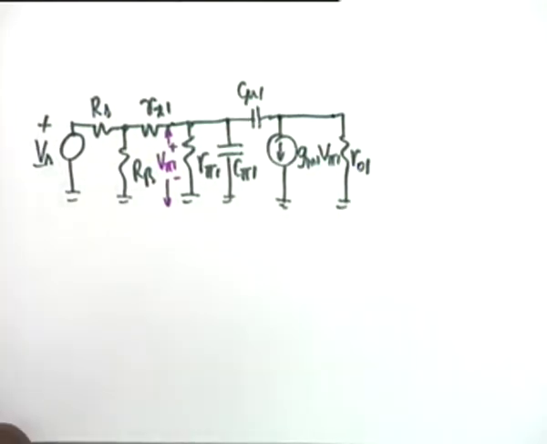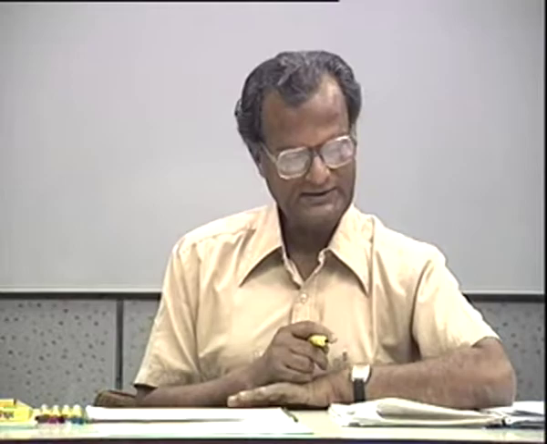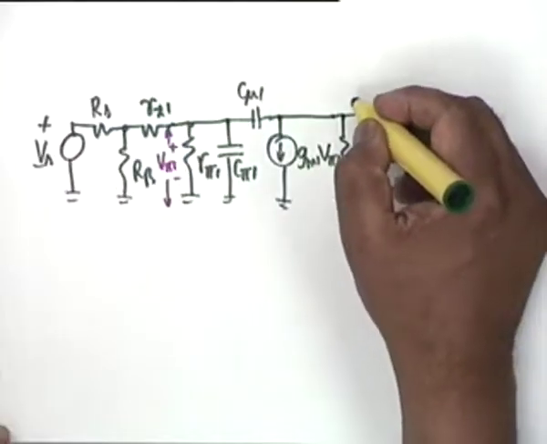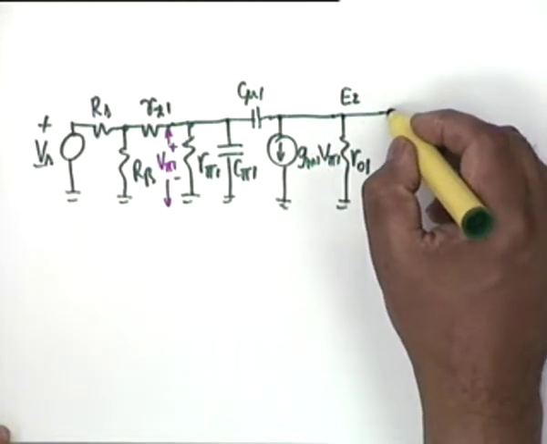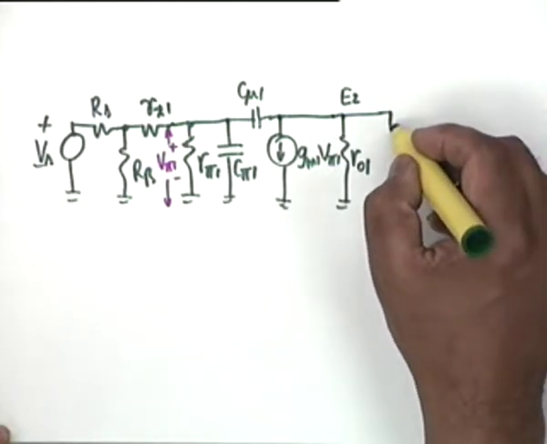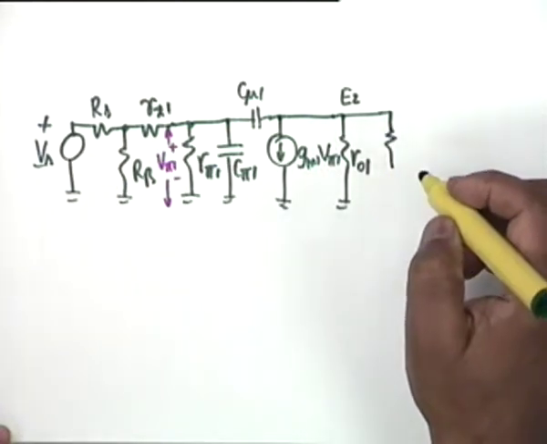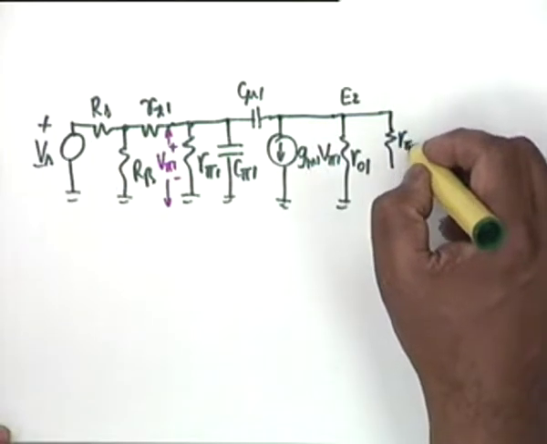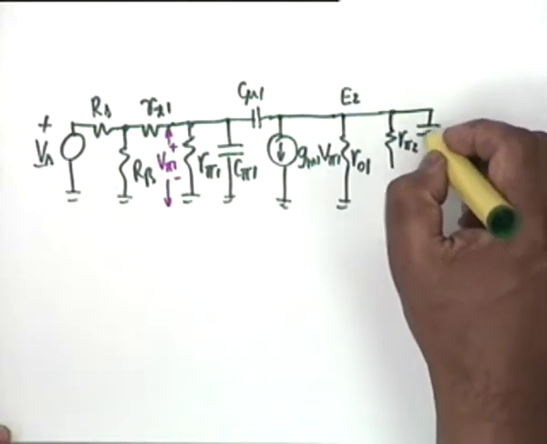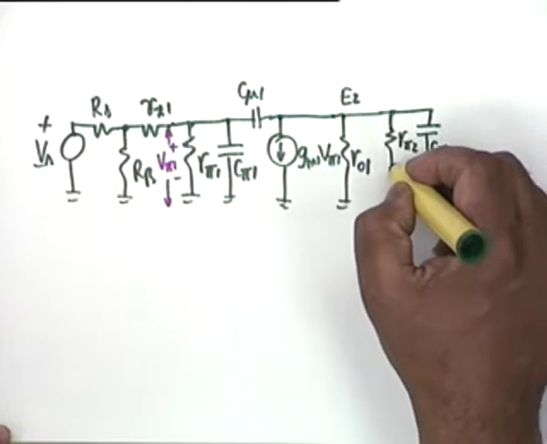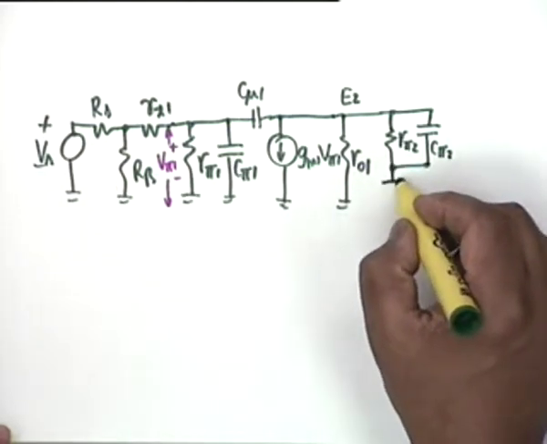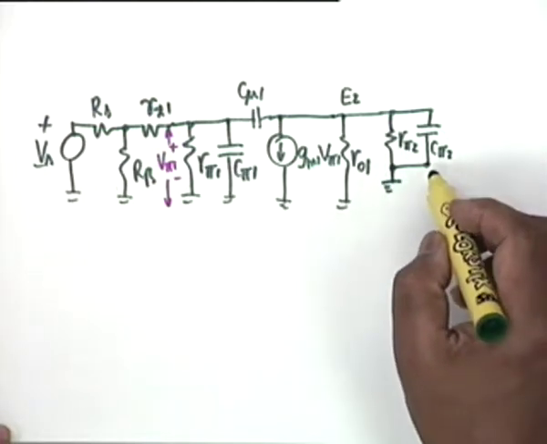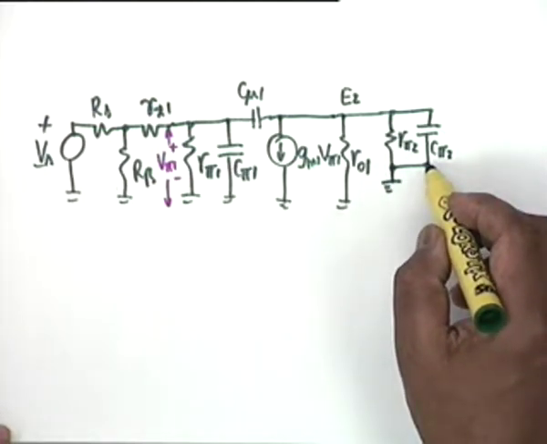The dynamic resistance of the collector, R01, and this is E2, the emitter 2, which has now the following connections. Emitter 2 to ground, you have R pi 2 and C pi 2. This is connected to ground. What is this point?